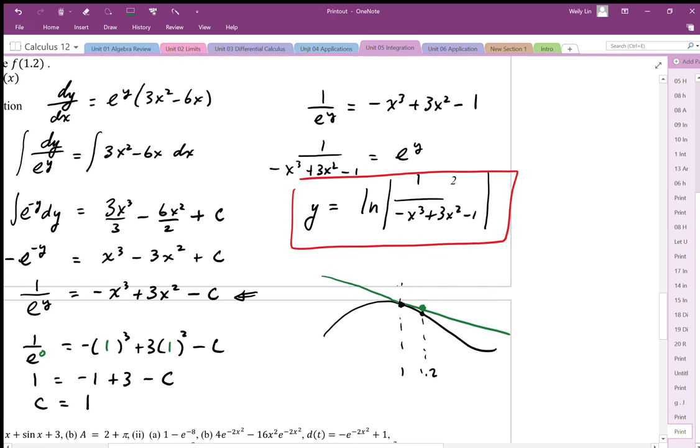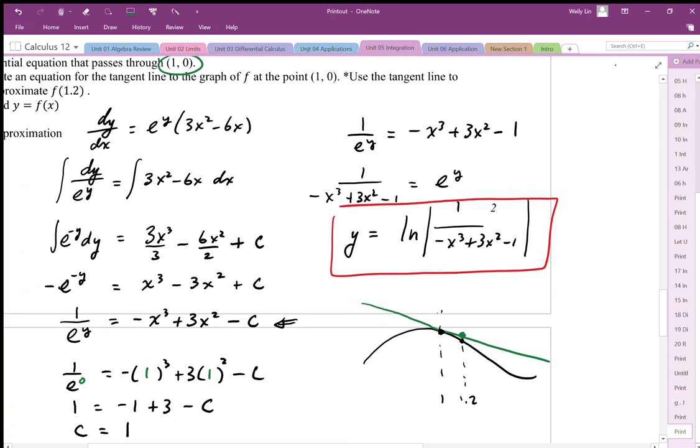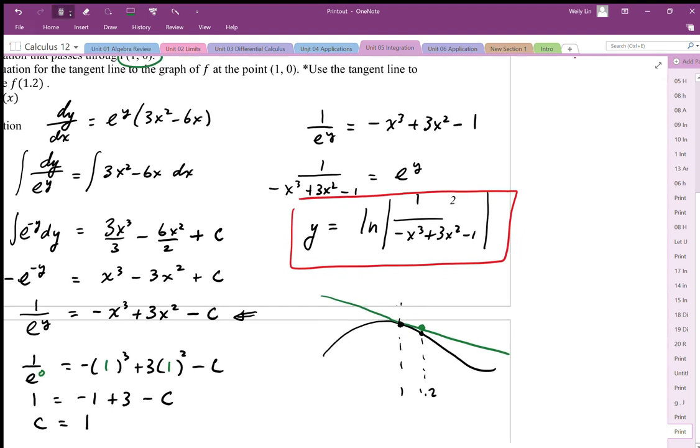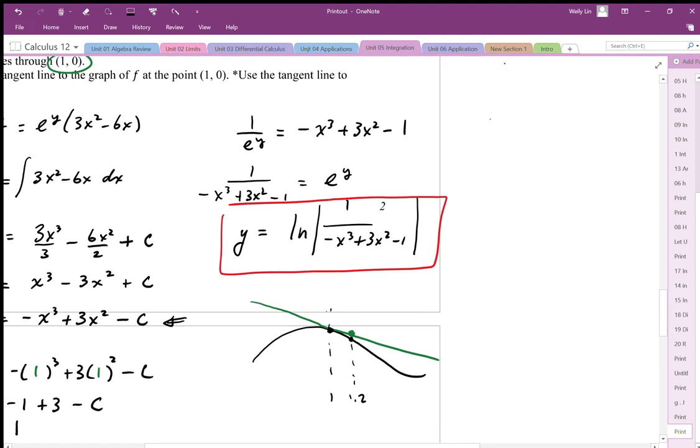So I need a slope and I need a point. Well, I have my point at 1, 0. I just need to get slope, and I get the slope from my differential equation. So my original differential equation was dy by dx, so this is part A, is equal to e to the y, 3x squared minus 6x.